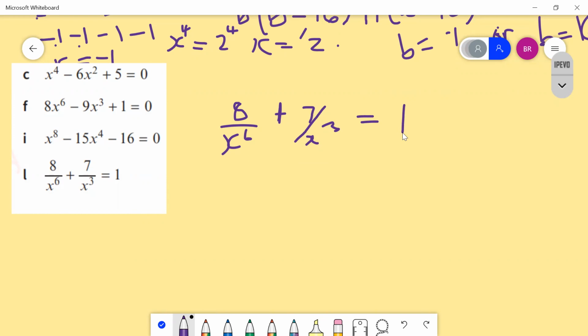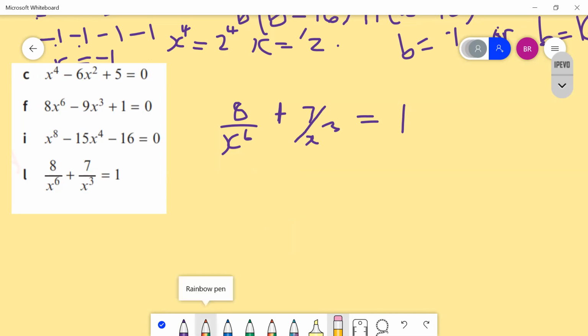Let me check if I can do this by saying 8 multiplied by x to the power of minus 6 plus... Okay, not this way. Let me try this, because I'm going to say 8 over x to the power of whatever here. Yeah, I think it works.